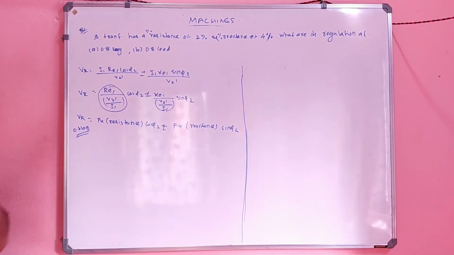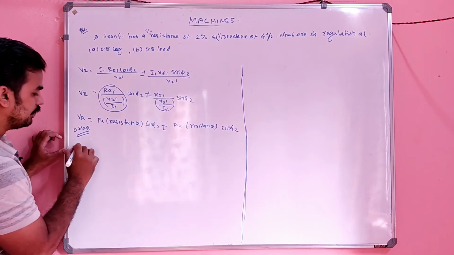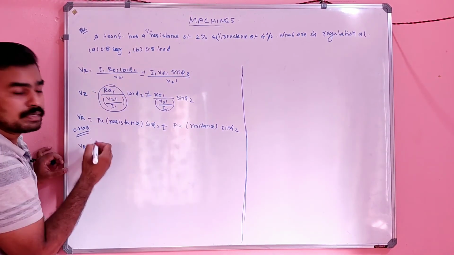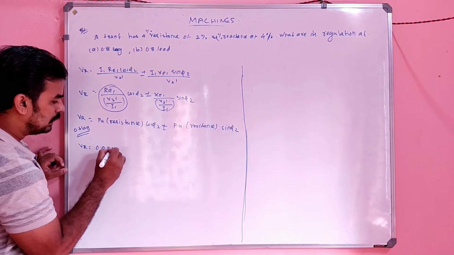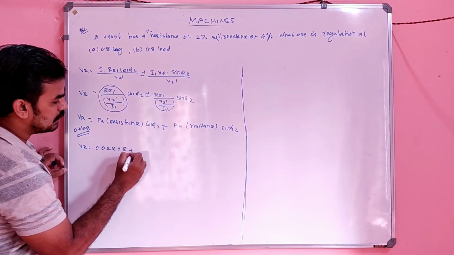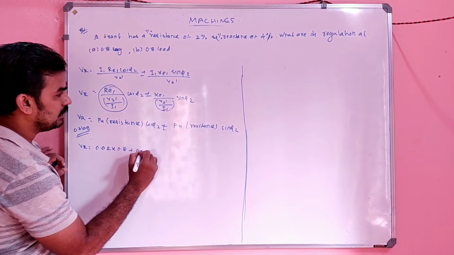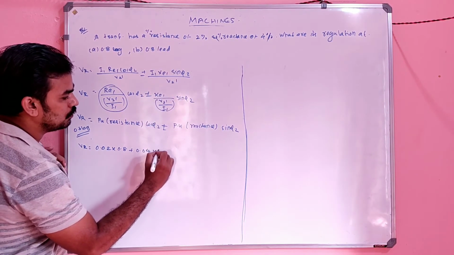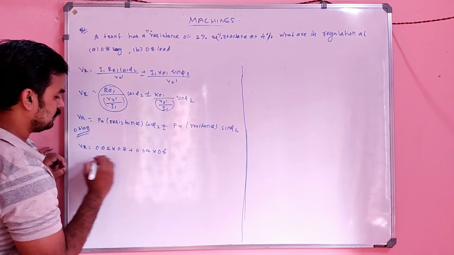So for 0.8 lag, VR is equal to per unit resistance 2%, so 0.02 into 0.8 plus 4% reactance, so 0.04 into 0.6.